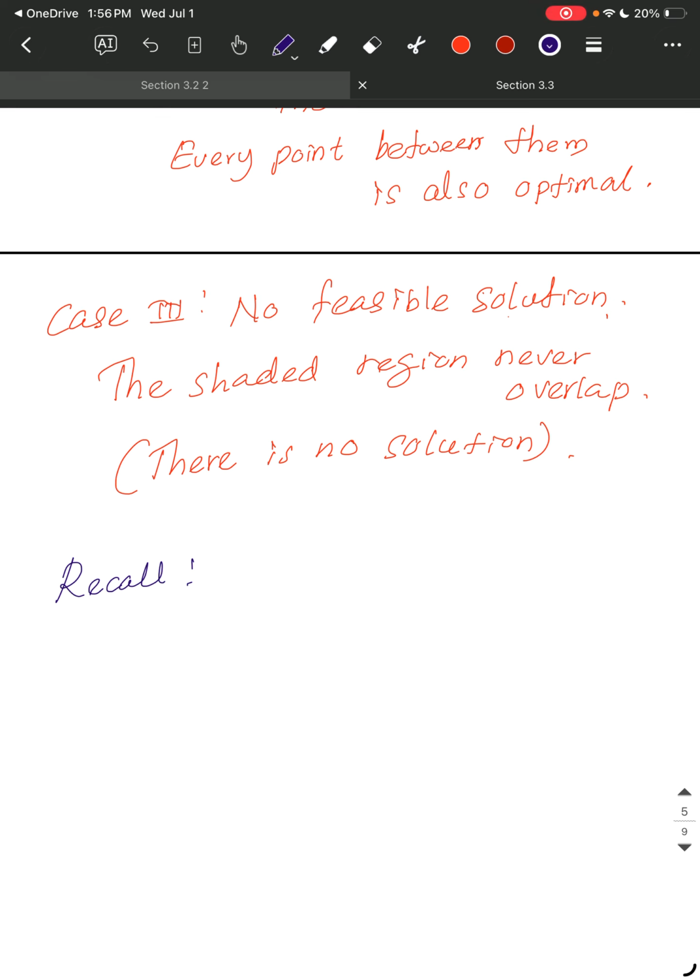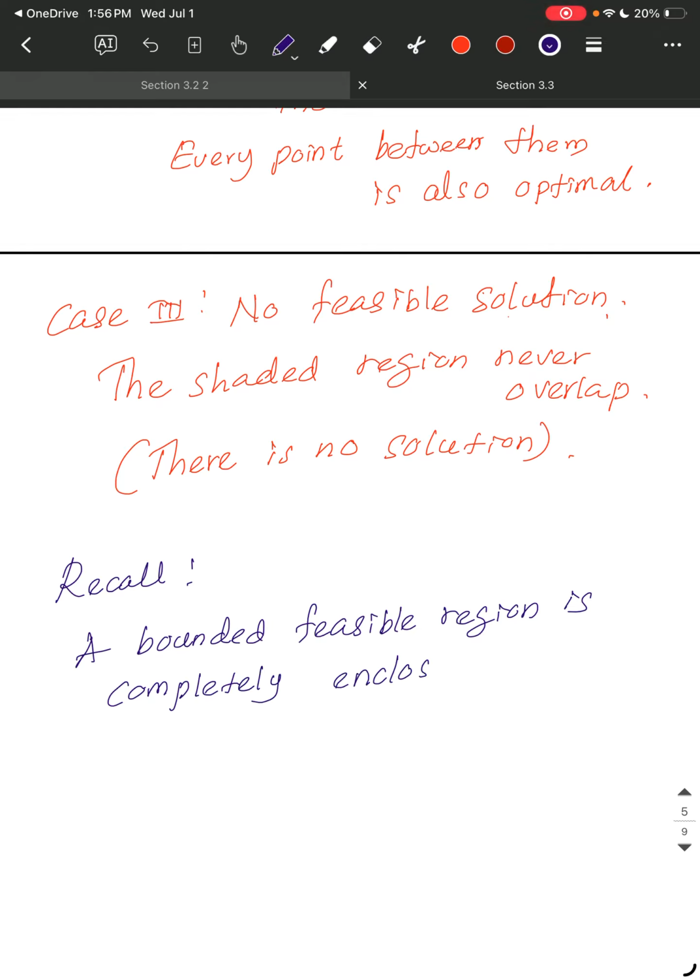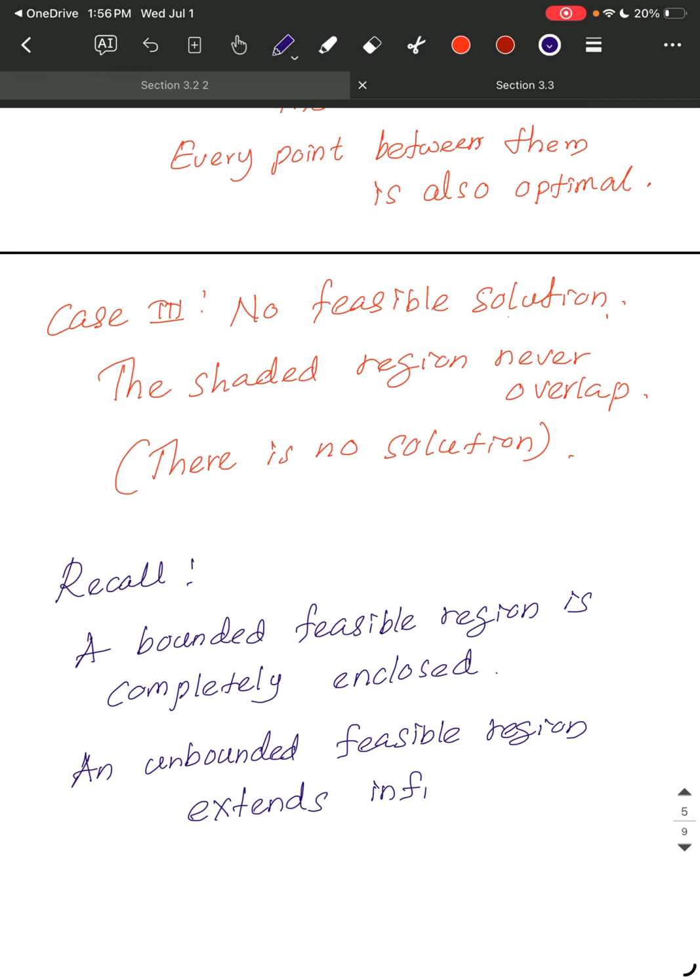Recall, a bounded region is completely enclosed. An unbounded region extends infinitely.